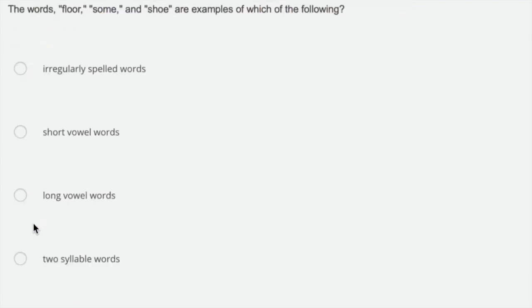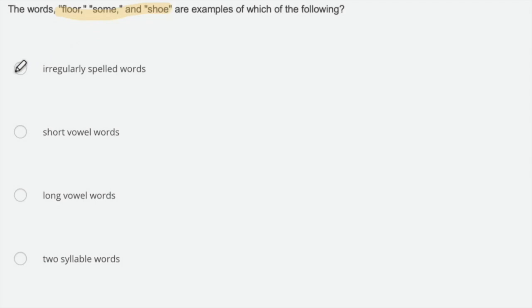For our next practice problem, we have a question that says the words floor, some, and shoe are examples of which of the following. So we're being given three words and really just asked to determine what they are examples of, or what of the four answer choices they best match with.